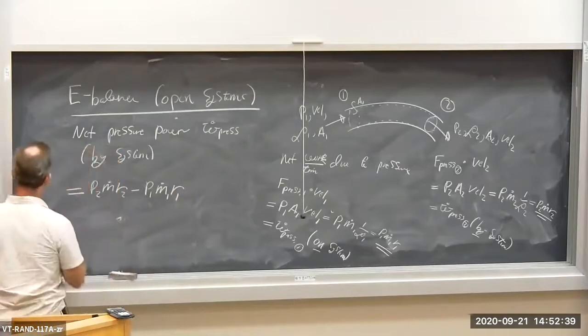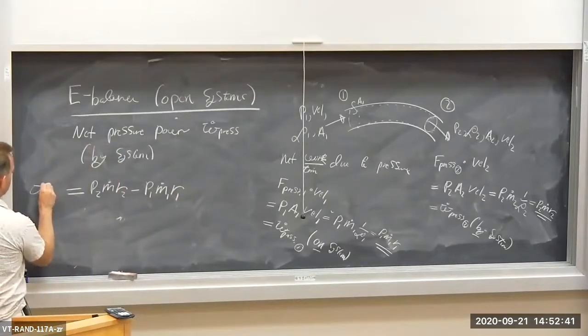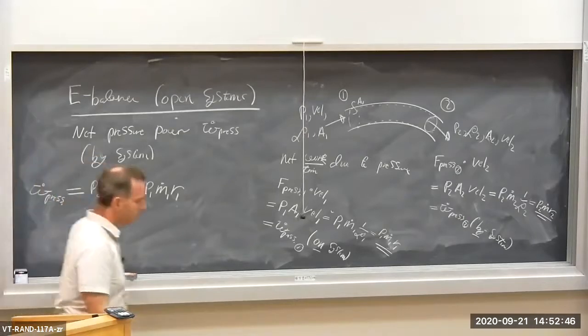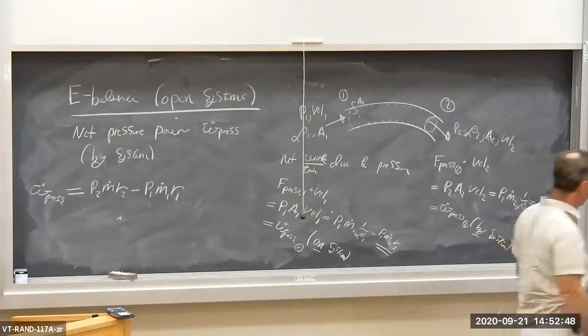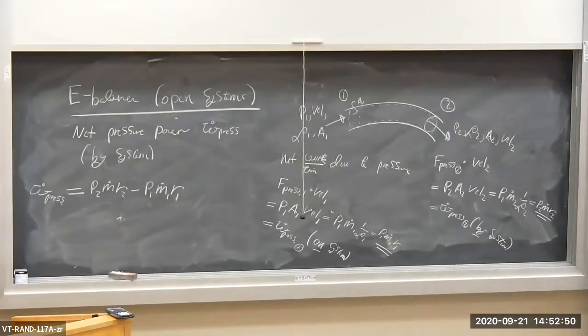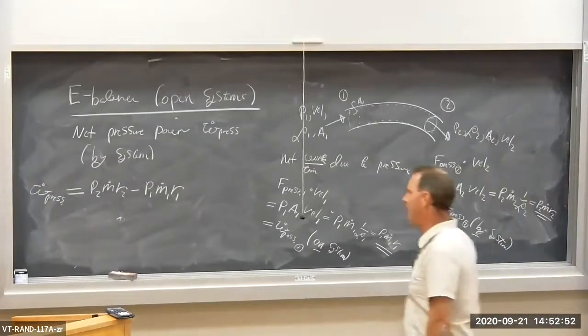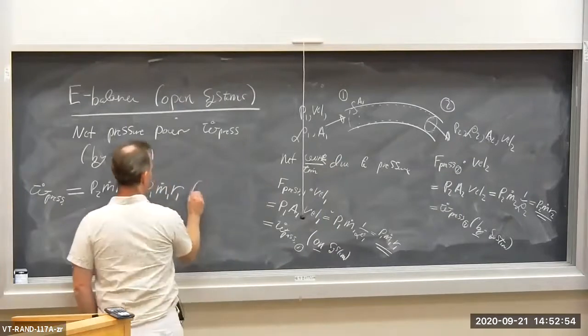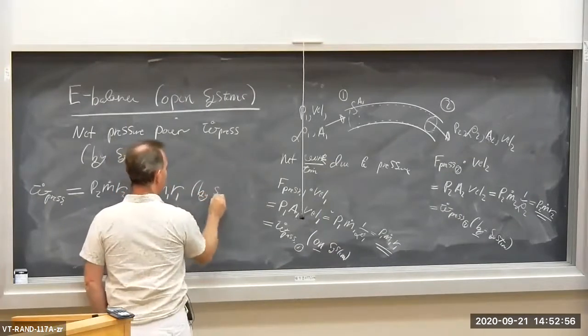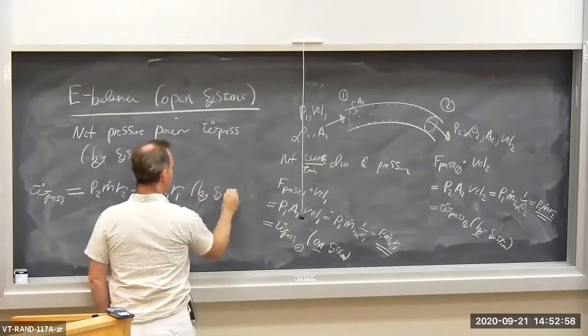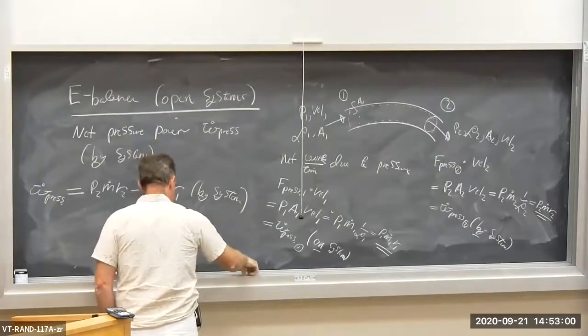So this is all equal. This is W dot pressure. That's the net pressure power done by the system. Okay, by the system.